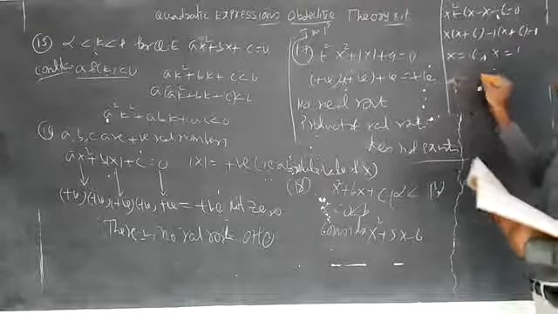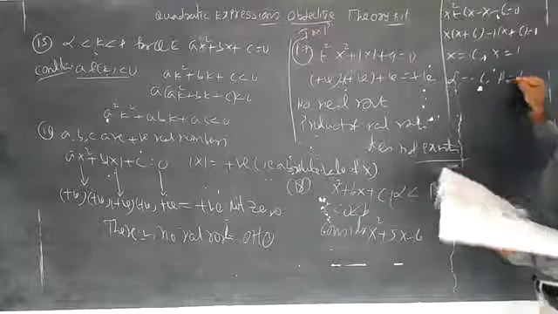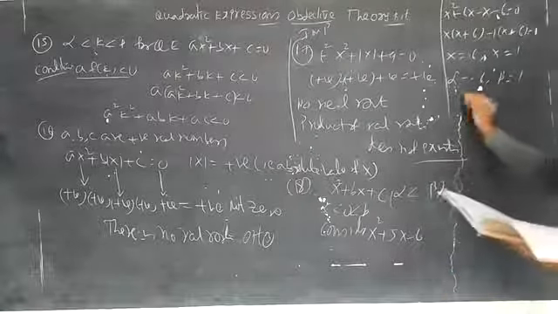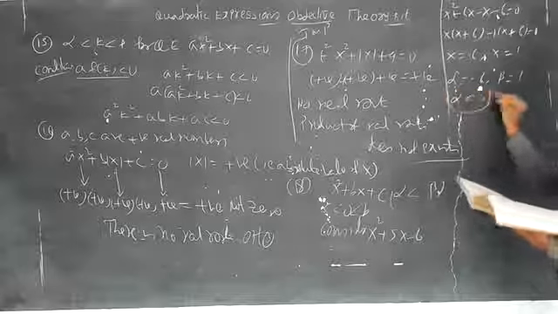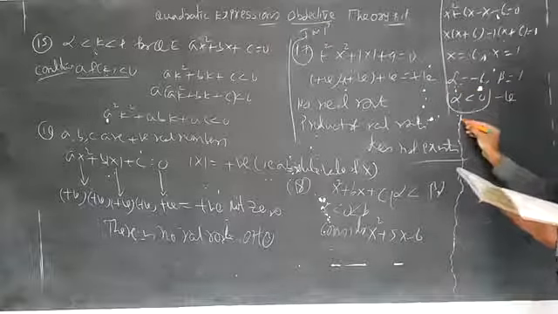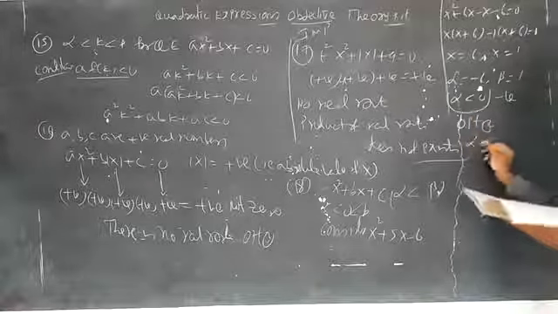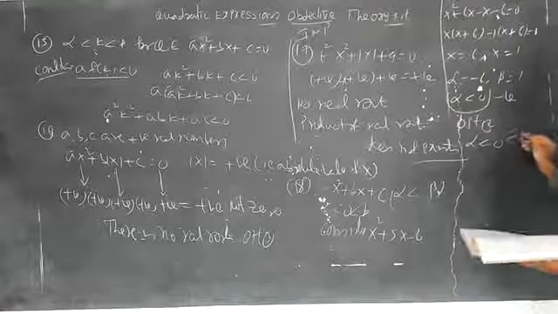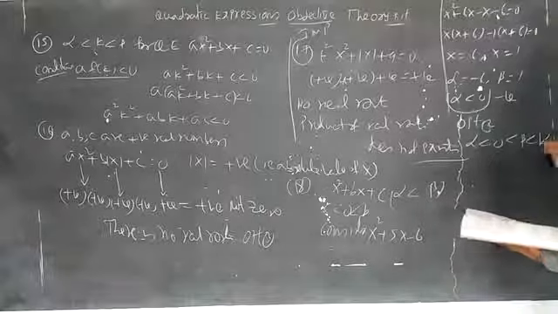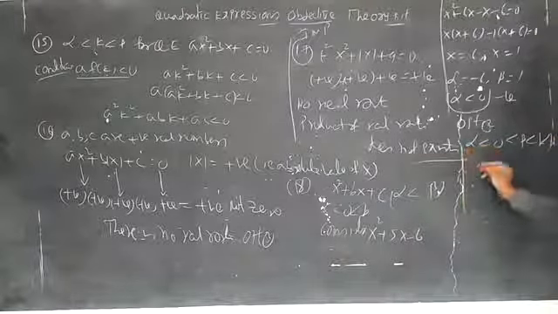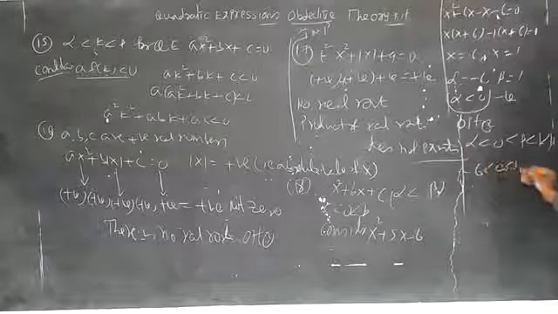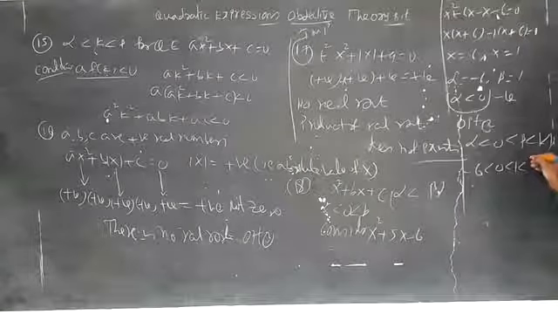So alpha is equal to minus 6, beta is equal to 1. Now we got alpha less than 0 because it is negative. Now option 2 we can verify: alpha less than 0 less than beta less than mod alpha, as minus 6 less than 0 less than 1 less than mod 6.